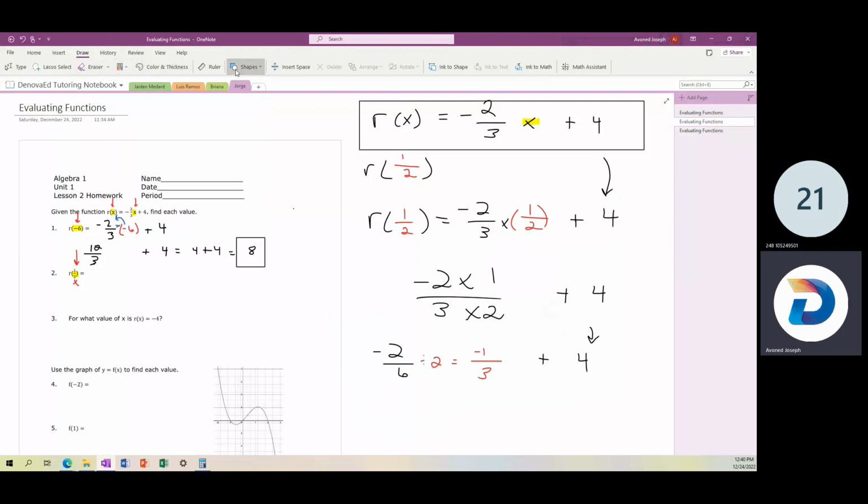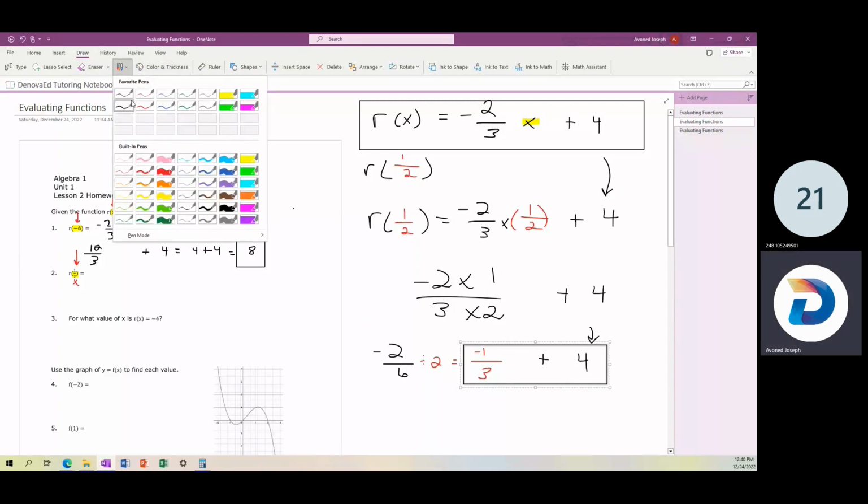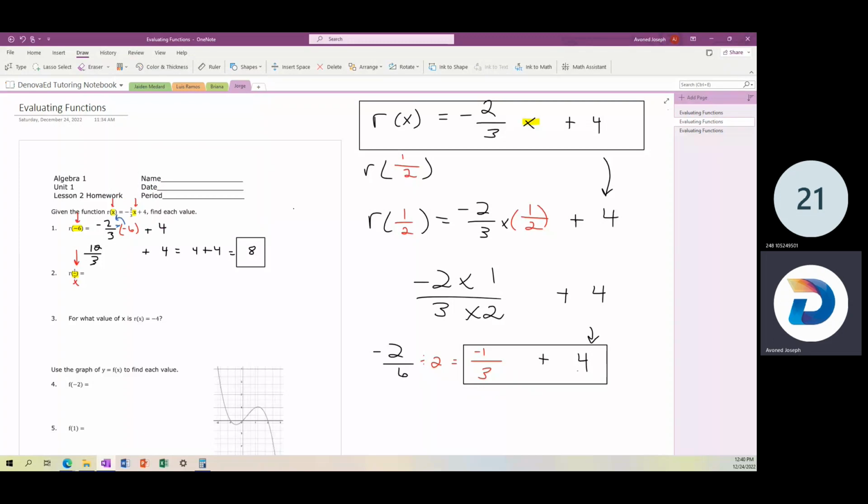So now we have our new, this is the last part, but we still need to break down the fraction. What we can do is, we need to make the denominators the same. In order to do that, we need to multiply, and this is over 1. We need to multiply both the numerator and the denominator by 3 to make them the same.